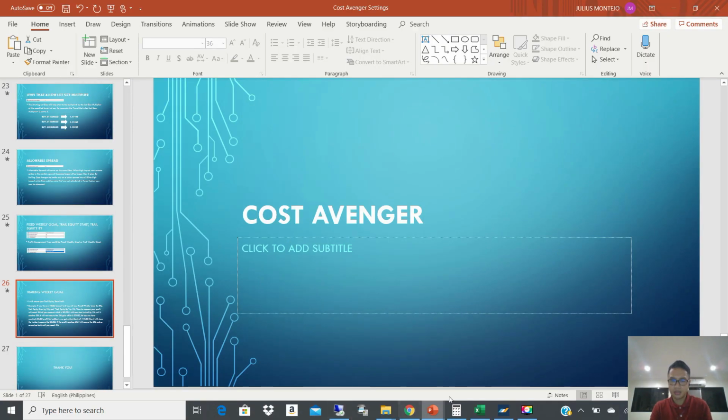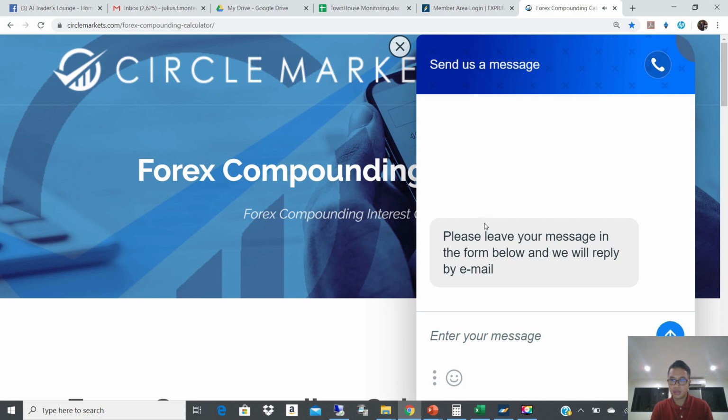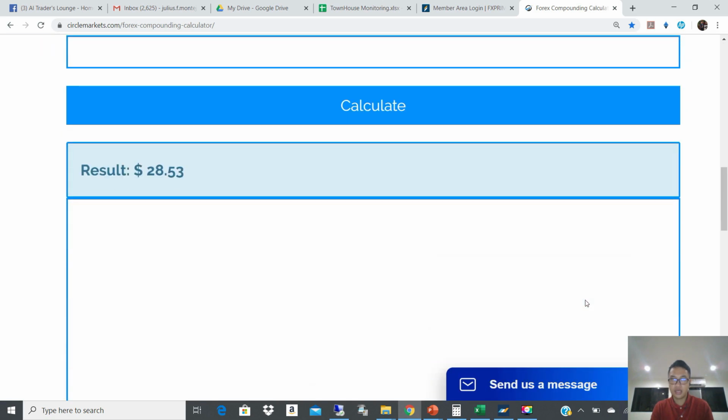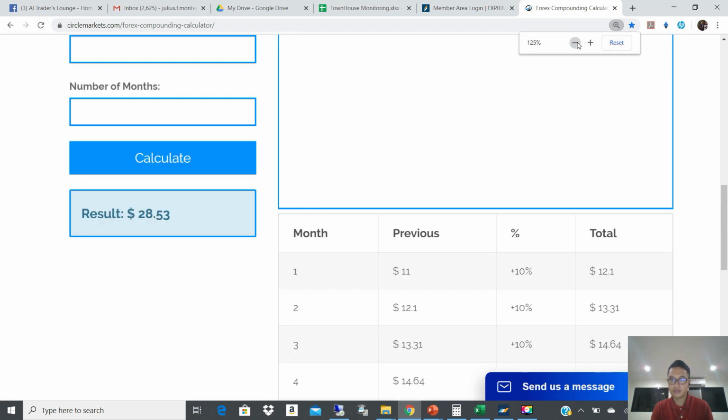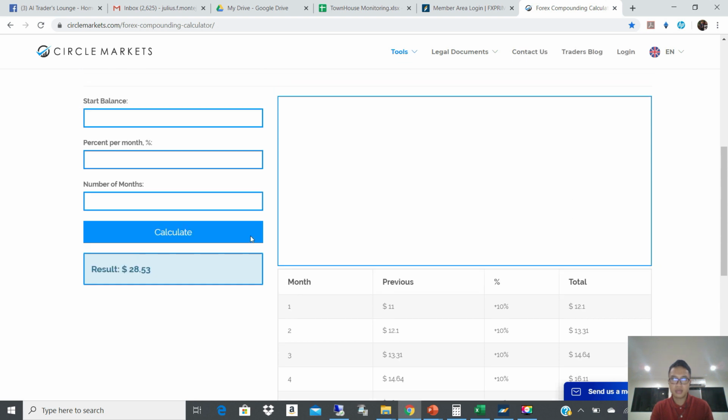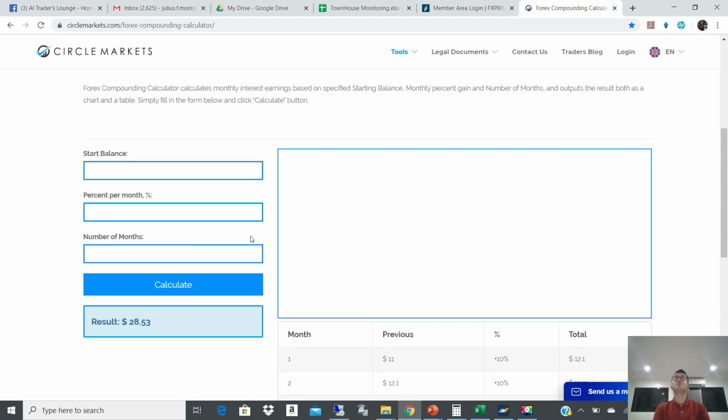But let me give some advice also regarding trading. Actually, it's better to trade conservatively and just compound the profit. But my advice is you compound the profit, you get the capital. So the first few months, you need to aim to double your money.